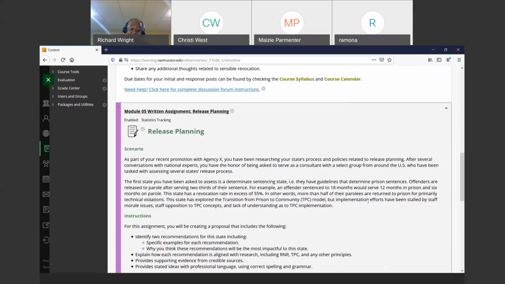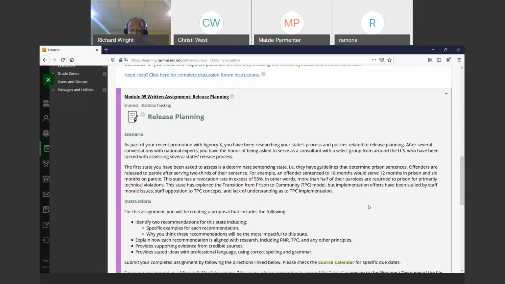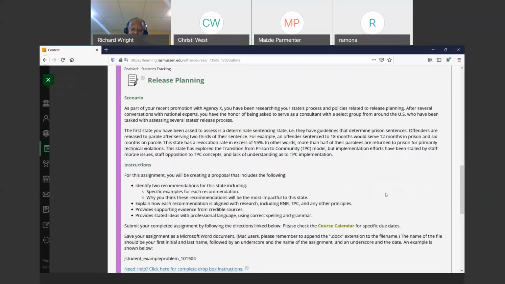So anyway, your assignment instructions, which I will show you in a minute on the rubric: identify 2 recommendations for the state, including specific examples for each of the 2 recommendations, and then explain why you think they would be beneficial.